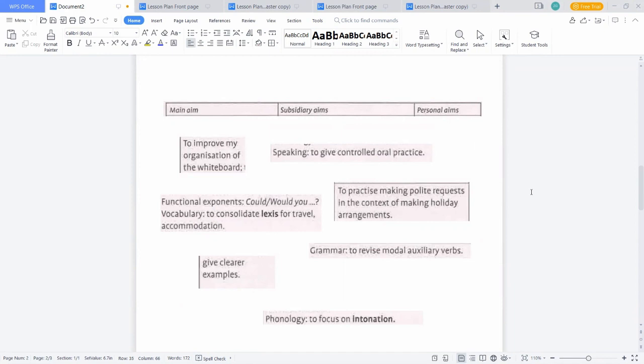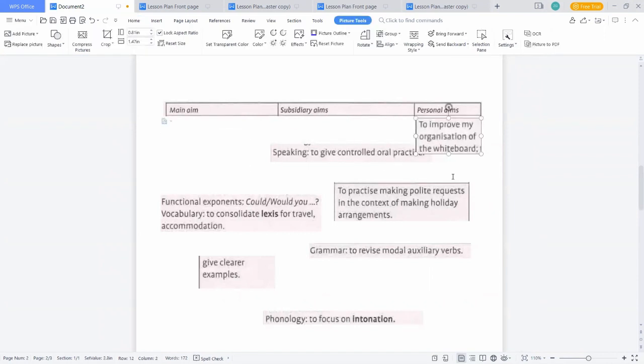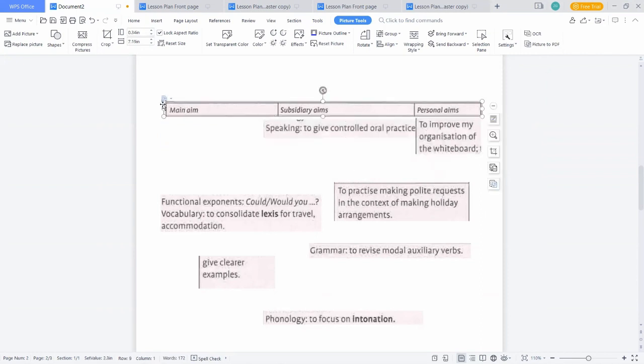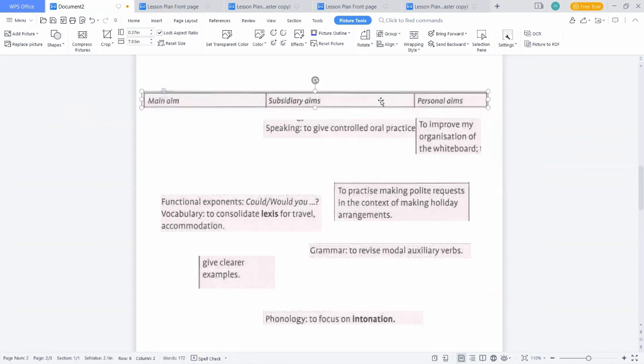All right, now that you've done this, let me move them into the correct boxes here.